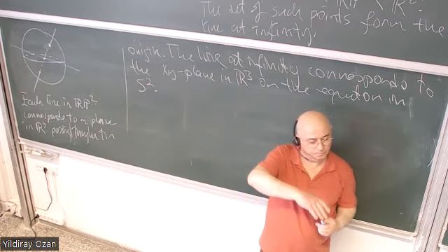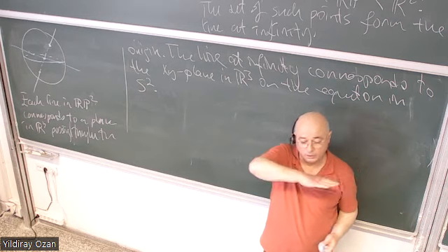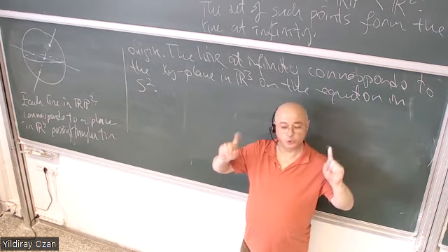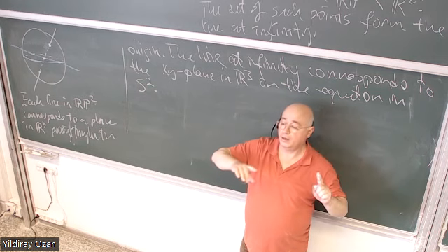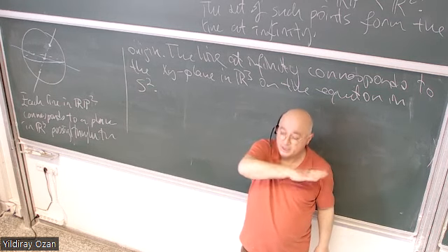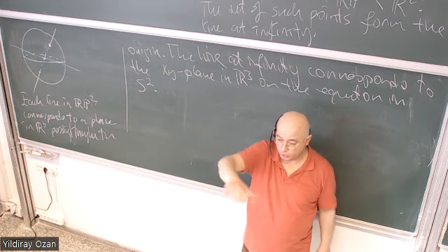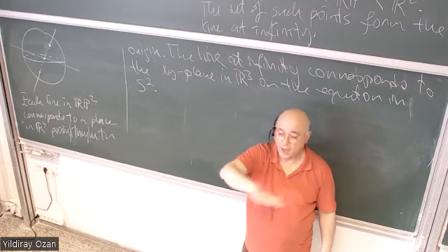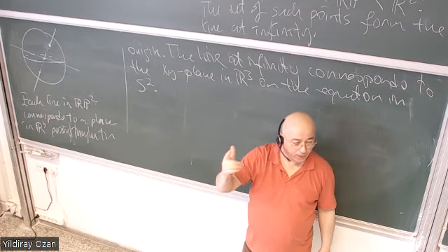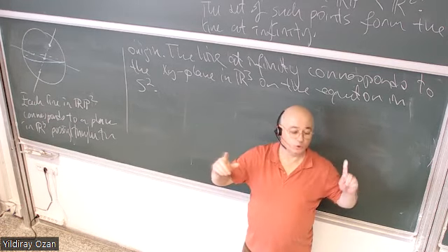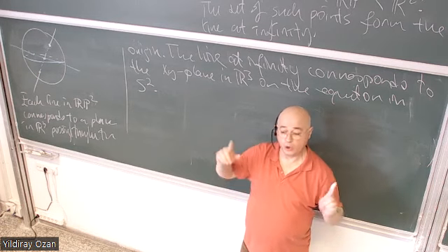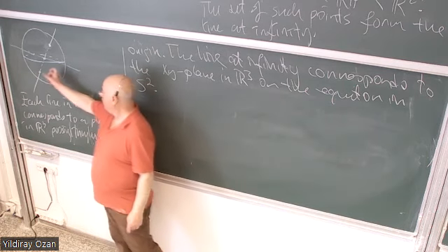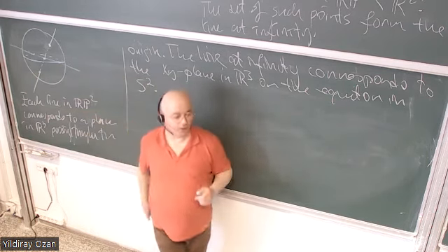Yani sonsuzdaki pointler bir doğru oluşturuyor. Neden? Çünkü sonsuzdaki noktalar nelere denk geliyor? XY düzlemindeki doğrulara denk geliyor. Ve biliyoruz ki her bir düzlem bizim için bir doğru demek. Demek ki sonsuzdaki noktalar da bir doğrunun üzerinde oturuyor. O doğru da sonsuzdaki doğru. Sphere modelinde de o kürenin ekvatoru. Başka bir şey değil.